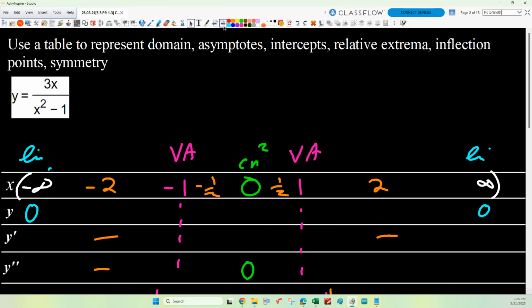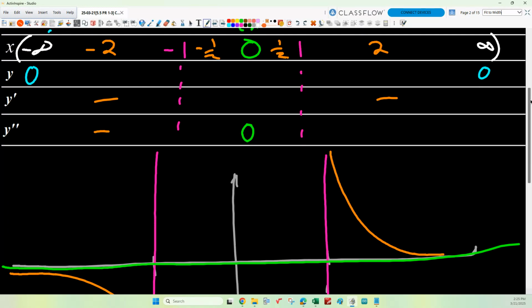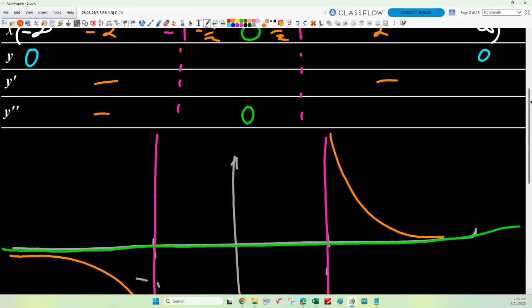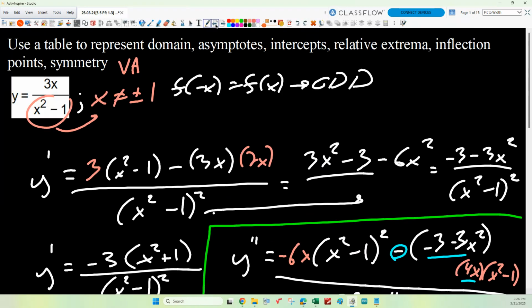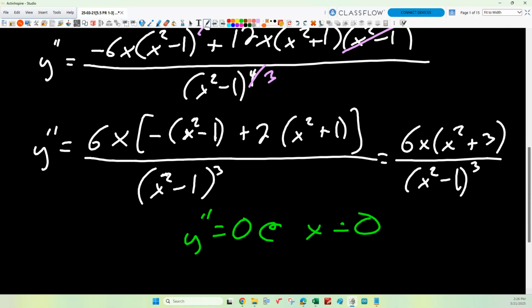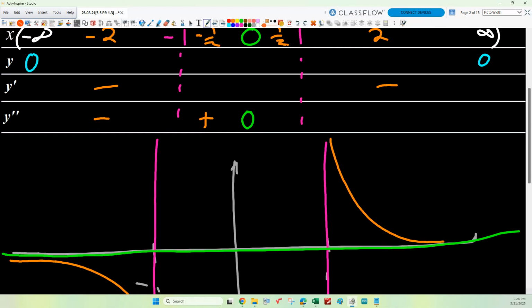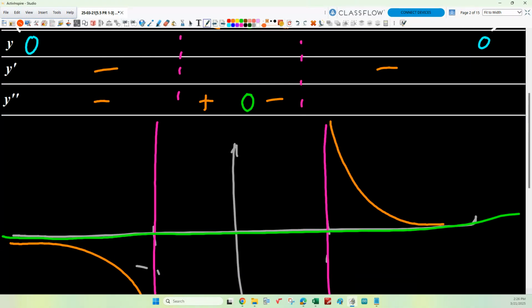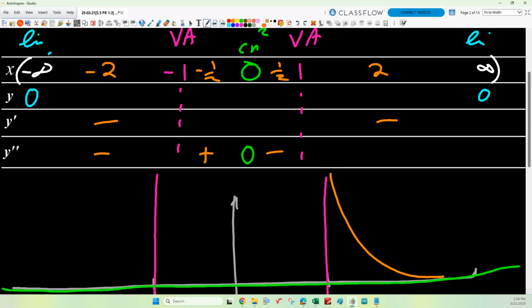Okay, so here we got positive concavity, and then at positive 1/2, it's going to flip, isn't it? Because the bottom's going to stay negative, but that's going to be positive now. Okay, so what's that doing? It's going from positive concavity to negative concavity while sticking to those asymptotes.